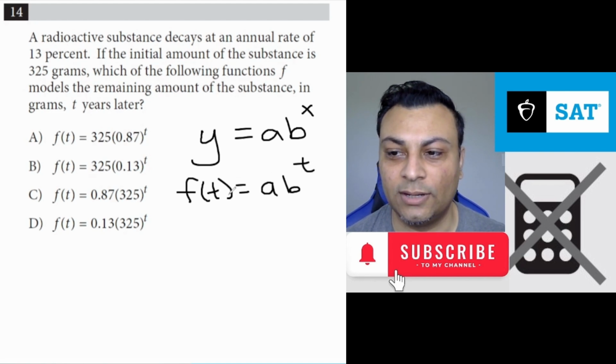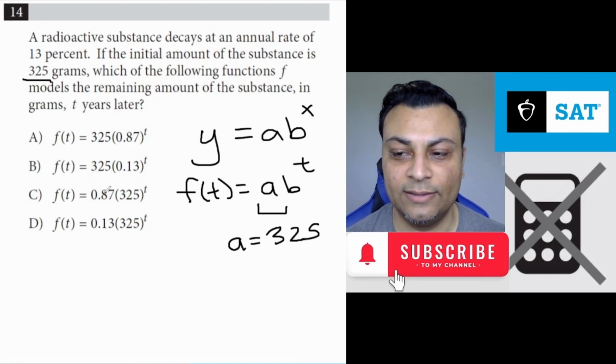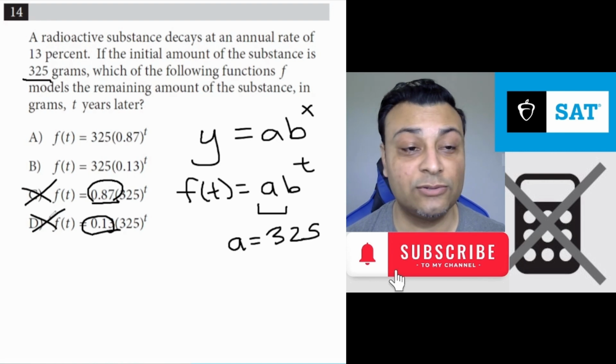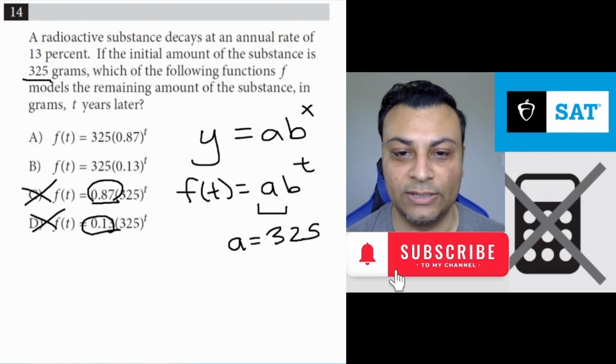But really, what we want, the A is the initial value. So the A that we want to use is 325 grams. That's why this is not going to be it, because this doesn't use 325, and this one as well. So it's down to choices A and B only.